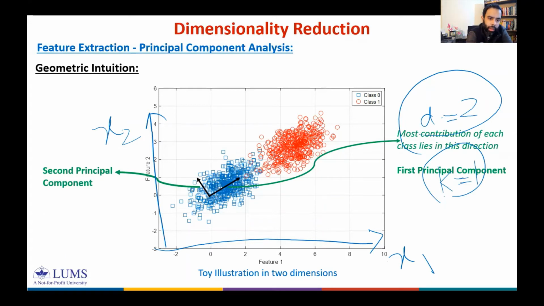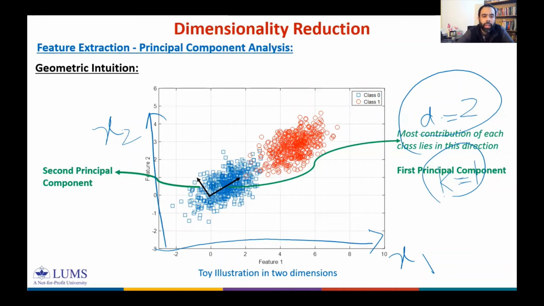I will call this one the first principal component, and this is the second principal component. And if you see, the first principal component is aligned with the data, oriented in the direction that has the maximum variation across the data, right? Agree?